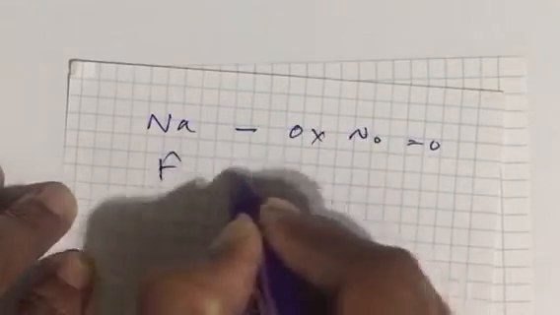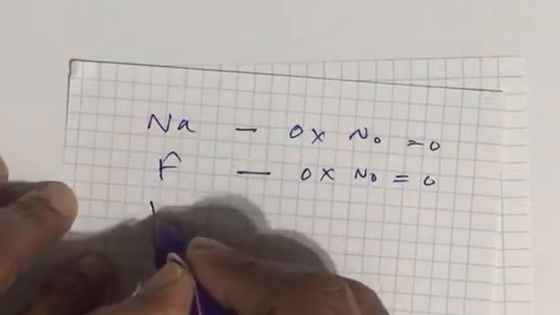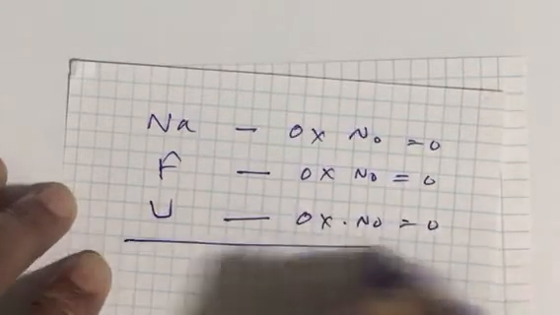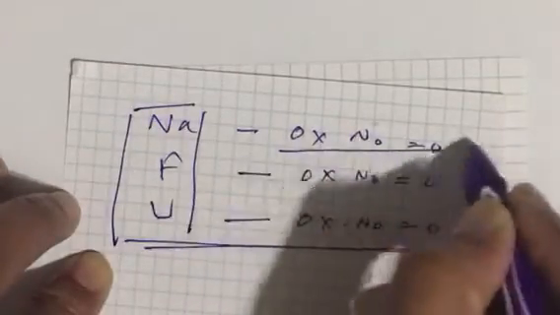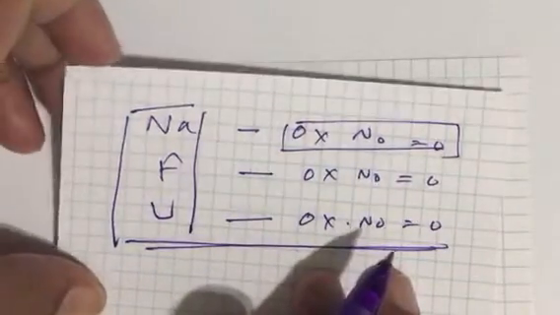I can take fluorine atom, oxidation number is 0. I can take uranium atom, its oxidation number is 0. So, for any neutral isolated atom, oxidation number is taken 0. It means it has neither taken any electrons extra nor it lost any of its electrons.